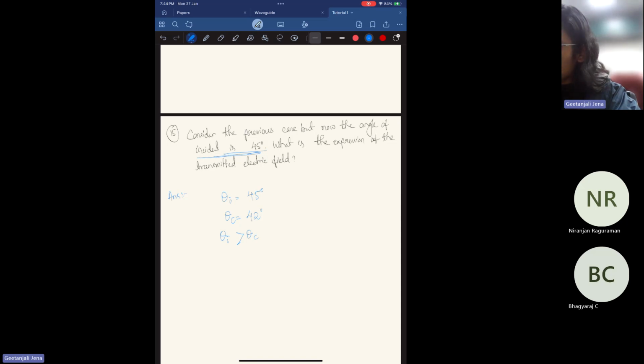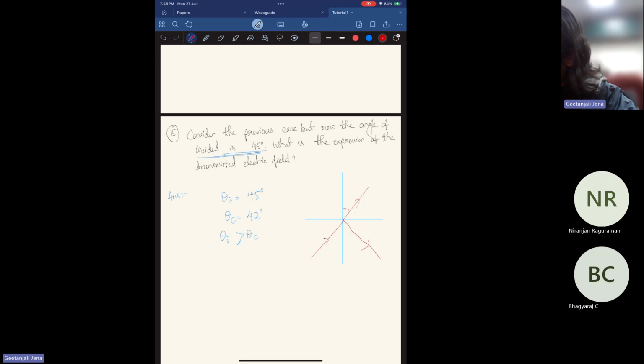Now if you plot the ray diagram, the ray is incident like this. There will be total internal reflection and there will be an evanescent wave in this medium.